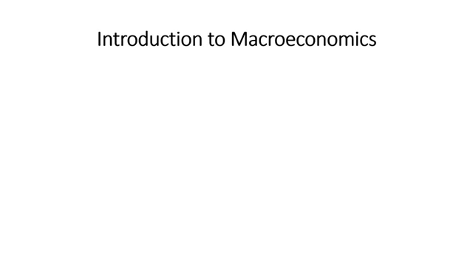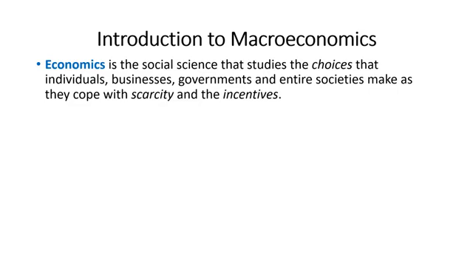Students, as you know, economics is a social science that studies the choices that economic agents, that is, individuals, businesses, governments, and the entire societies make as they cope with scarcity and incentives.